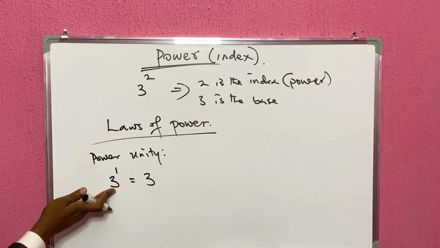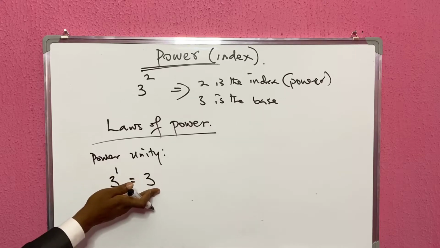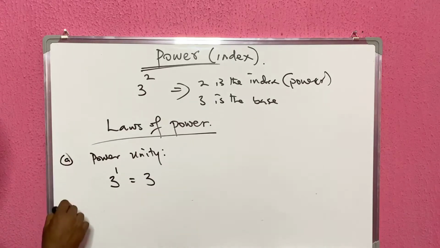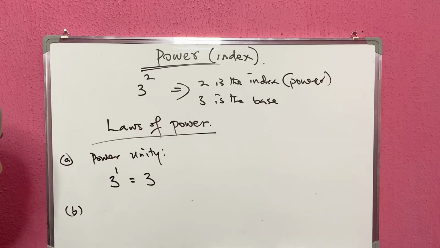A whole number raised to power 1 gives you back the whole number. This is A.